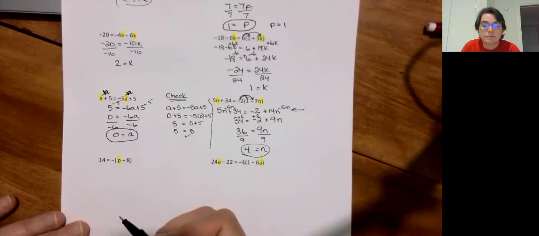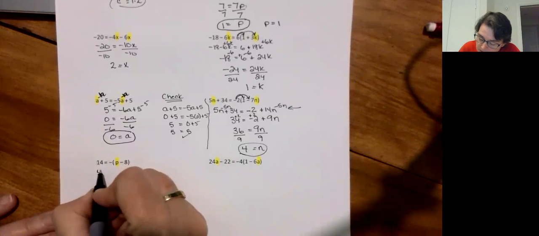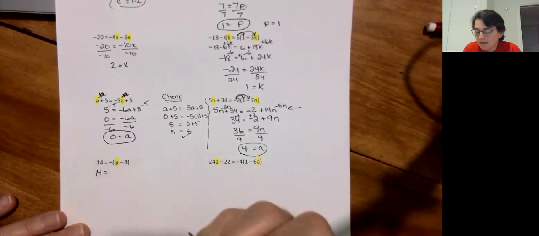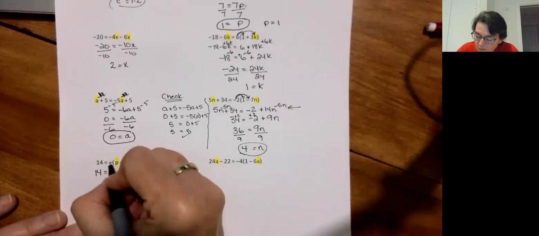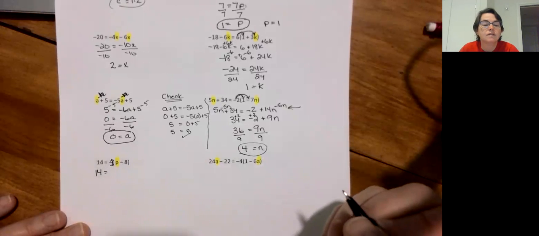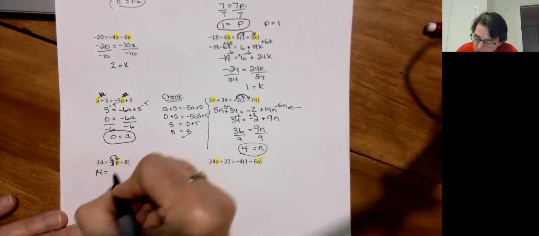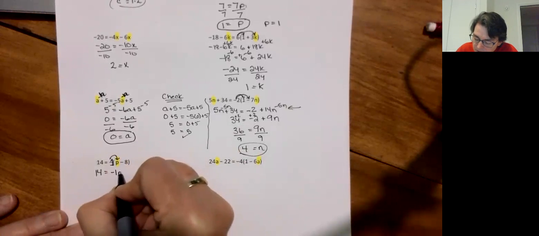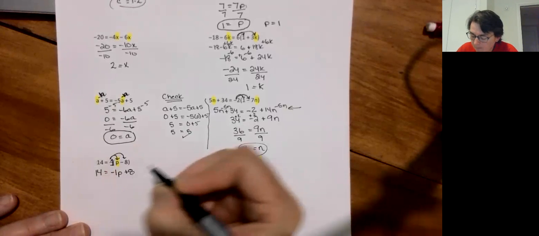2 more. Oh, there's a sneaky one. So there's nothing to do here. There's a couple of ways to look at this. You can think of this as subtracting this, but a real easy way is to just tuck a -1 in there, and then multiply through. That's going to give me -1p plus 8.